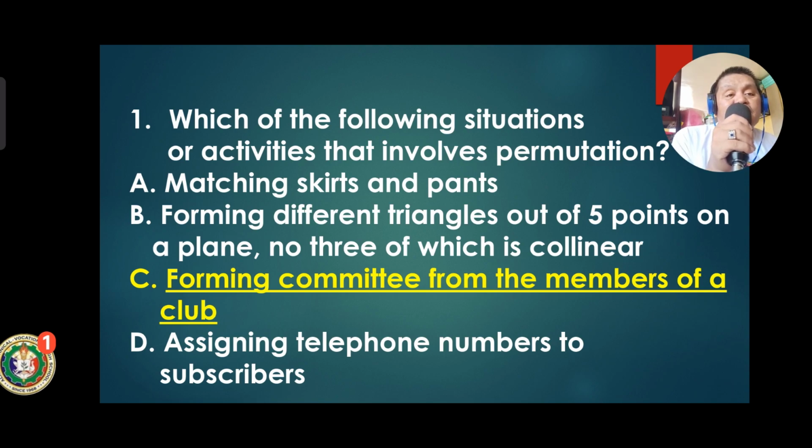Letter C, forming a committee from members of a club. And letter D, assigning telephone numbers to subscribers. So the possible answer there is letter C, forming a committee from the members of a club.